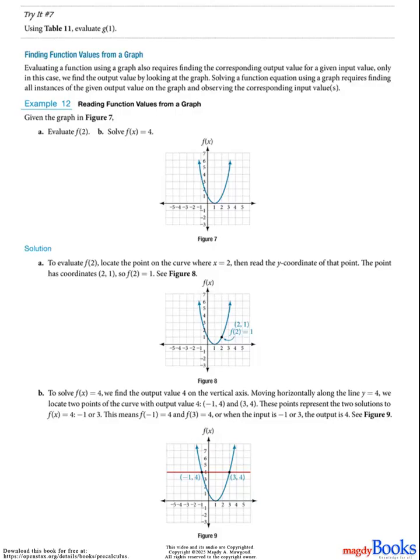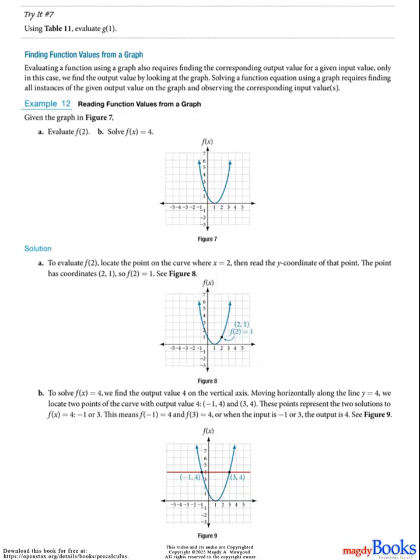B. To solve f of x equals 4, we find the output value 4 on the vertical axis. Moving horizontally along the line y equals 4, we locate 2 points of the curve with output value 4, (-1, 4) and (3, 4). These points represent the two solutions to f of x equals 4, -1 or 3.